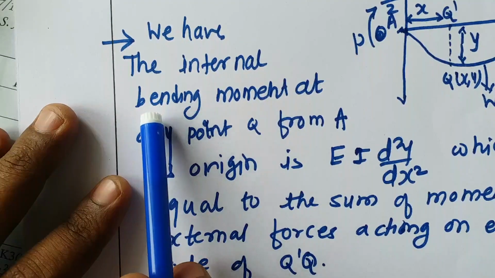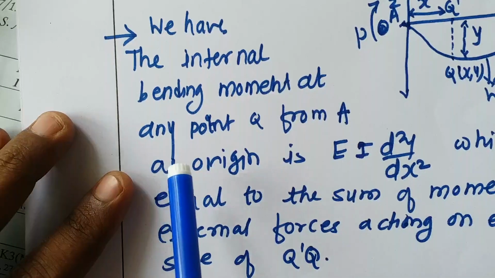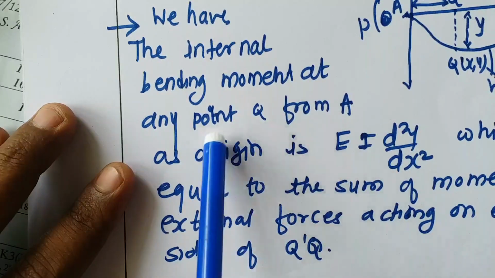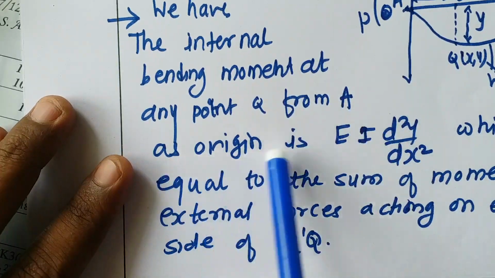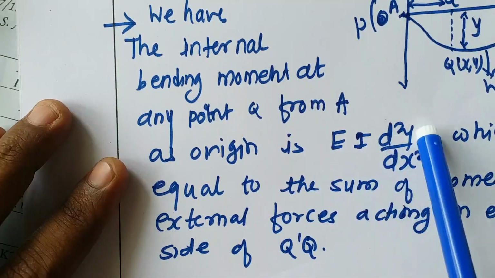We discussed this in the first lecture of bending moment. The internal bending moment at any cross section Q, taking A as origin instead of O, is EI d2y by dx square.